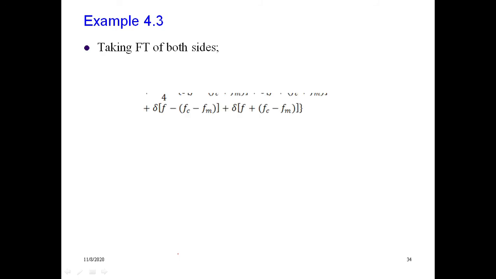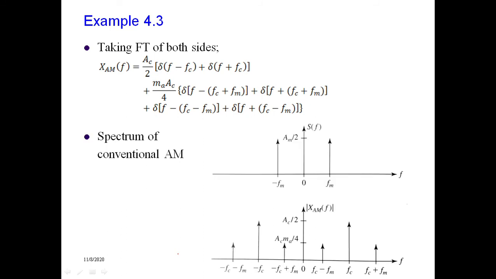Now we are going to convert this signal into a spectrum. As I said just now, the carrier part will get 2 deltas. This is the carrier part, located at minus FC and plus FC.